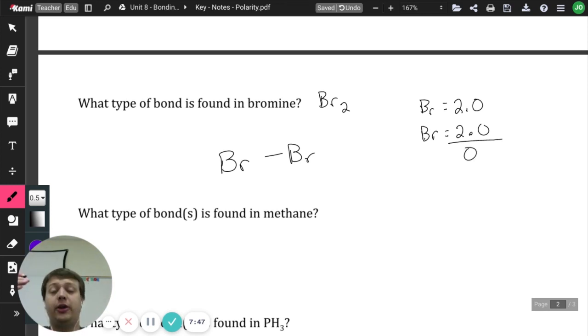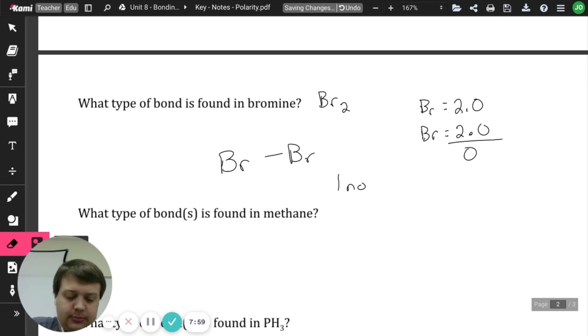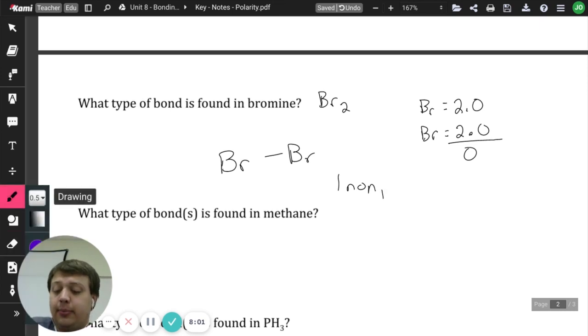Well, if it's 0, then that would tell me that the bond polarity is nonpolar covalent, right? So we would have one nonpolar covalent bond.